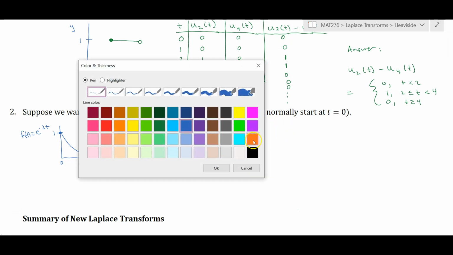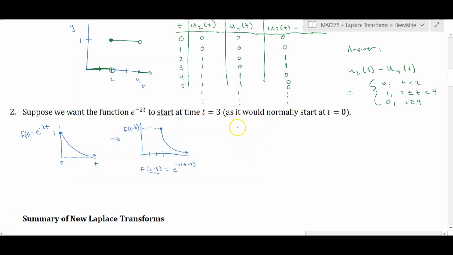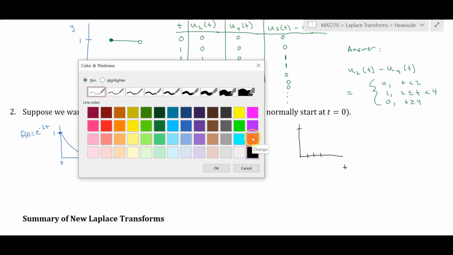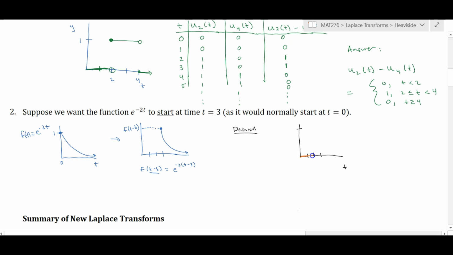Let me now draw our desired graph. Maybe this isn't explicitly stated in the problem, but this was my intent. Up until time 3, nothing happens. That's what I want.